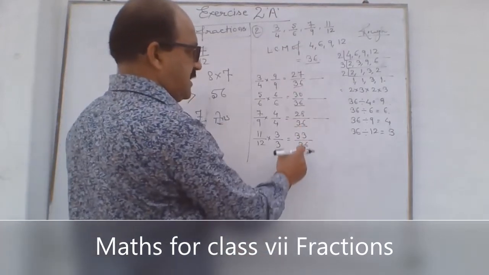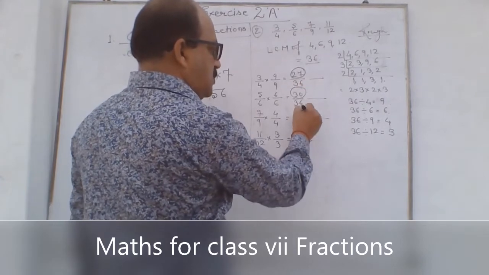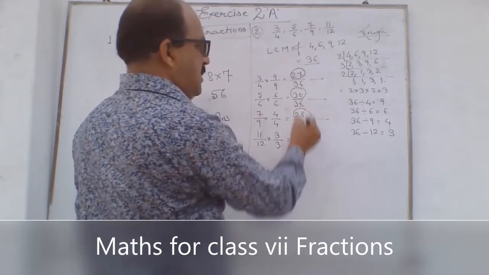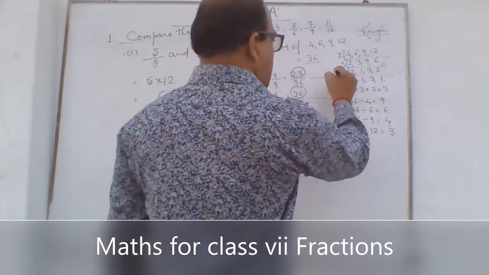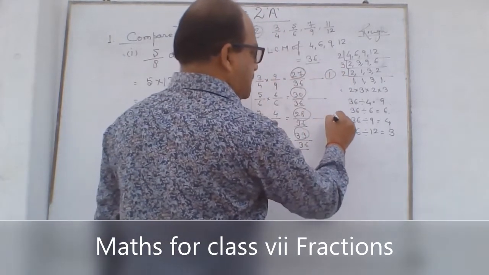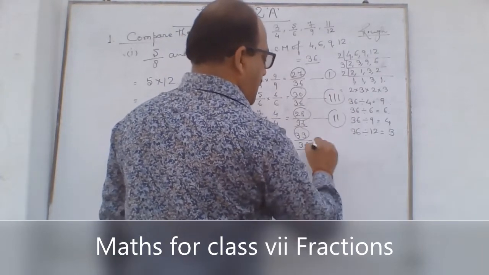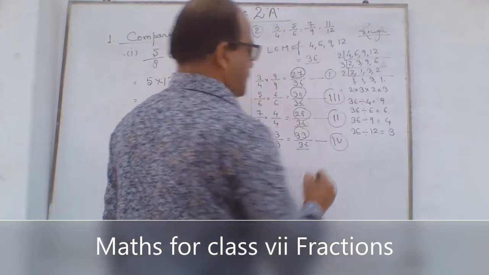Which one is greater? Now see 27, 30, 28 and 33. So 27 is the smallest among all. After that 28, then 30 and last one 33.